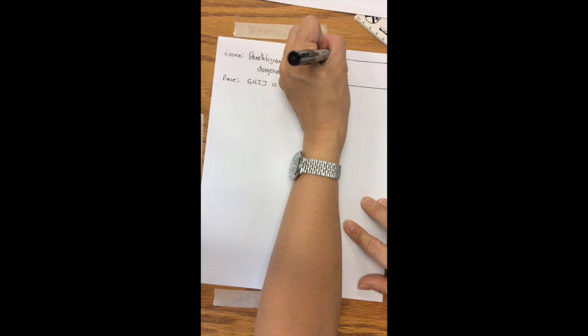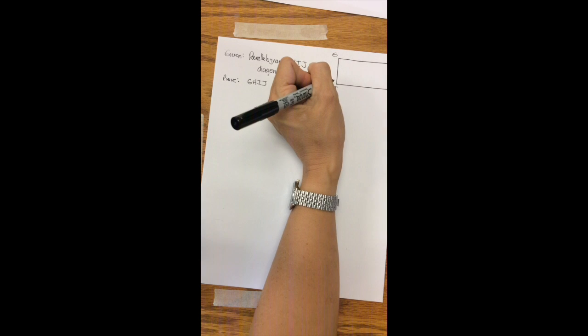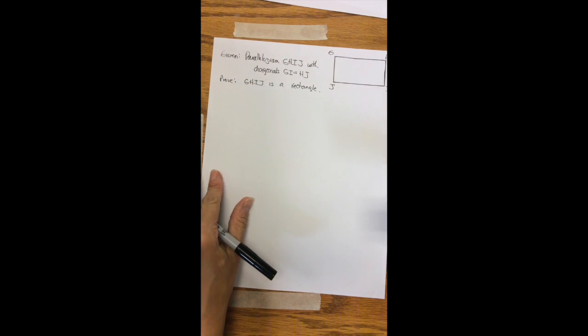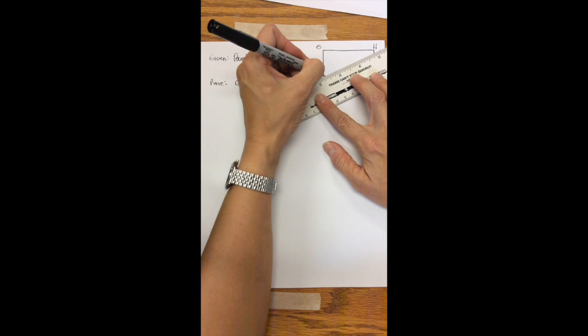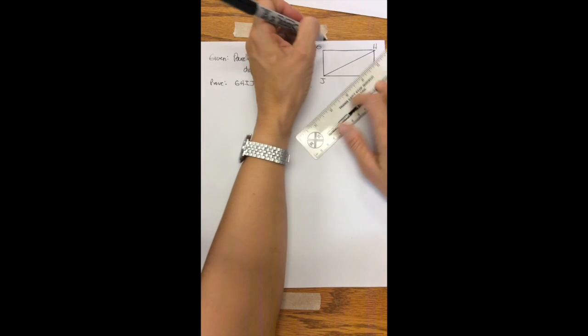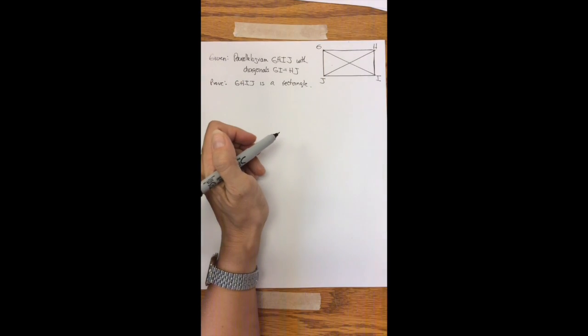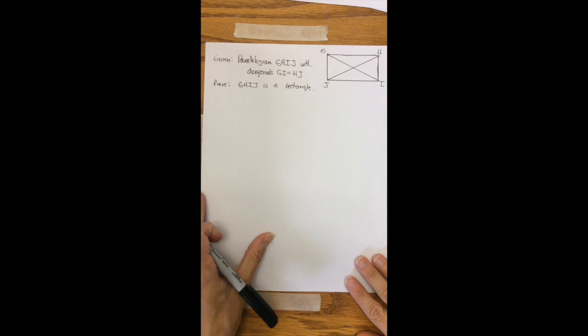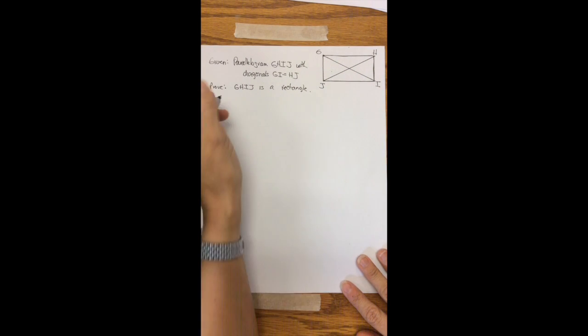So let's label it GHIJ and construct our diagonals. All right. Okay, so let's go through the proof.